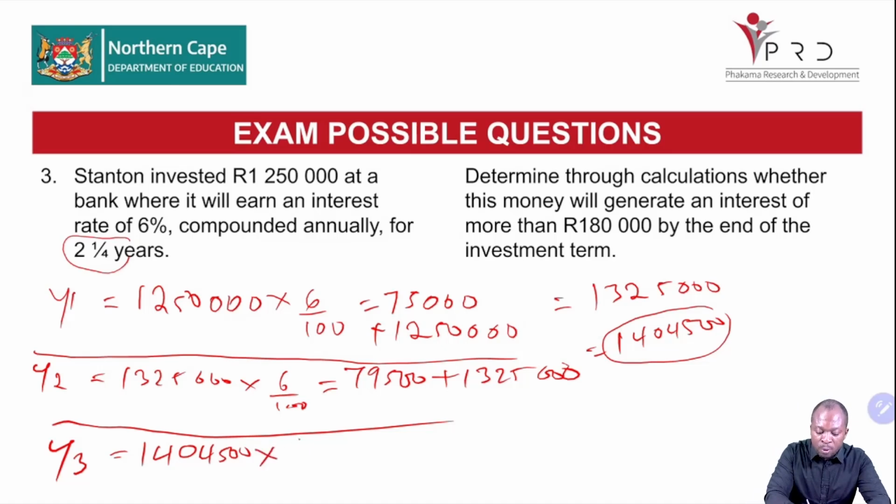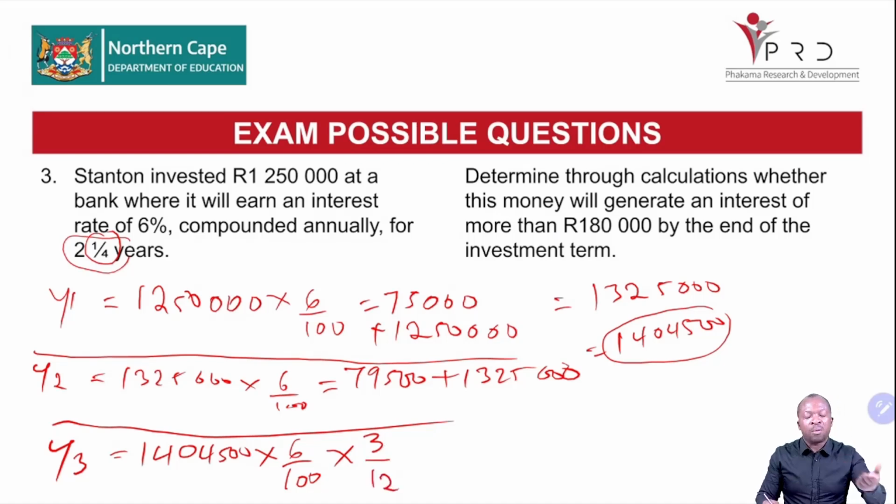Then you times it by 6 over 100. That was if you were leaving the money there for the whole third year. But remember, we are only leaving it for a quarter year, so you work out 3 out of 12 months. A quarter of a year is 3 months, so we are only leaving it in year 3 for 3 months out of the 12 months.